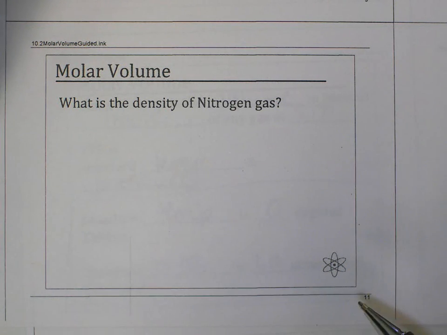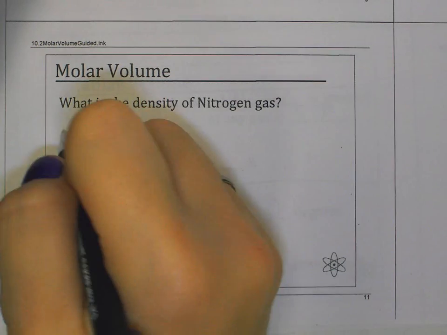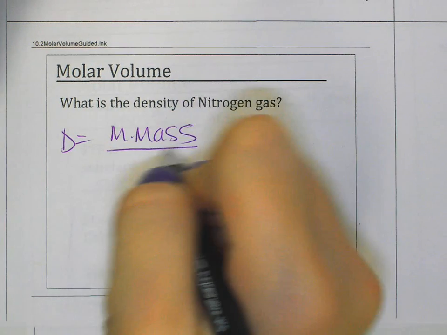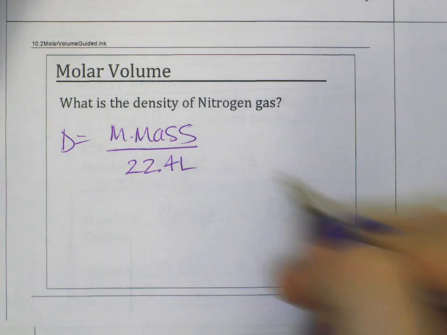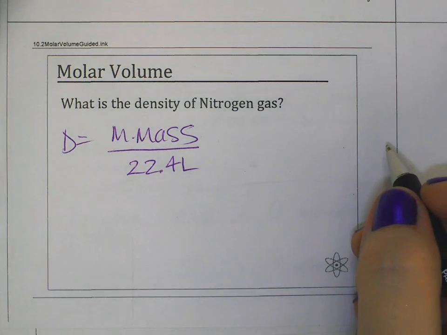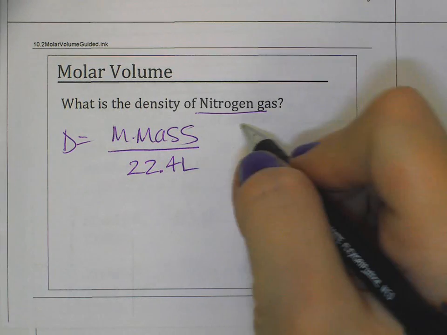All right, so the density of nitrogen gas is the molar mass over 22.4 liters, which means I need the molar mass of nitrogen gas. This is where you have to remember that nitrogen gas is one of those diatomic molecules.